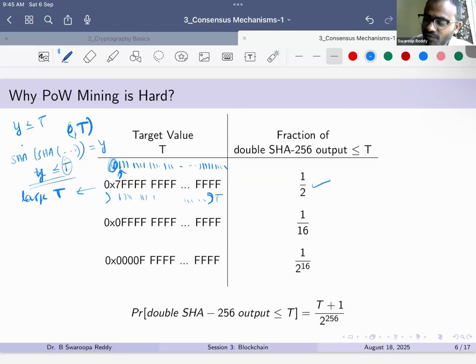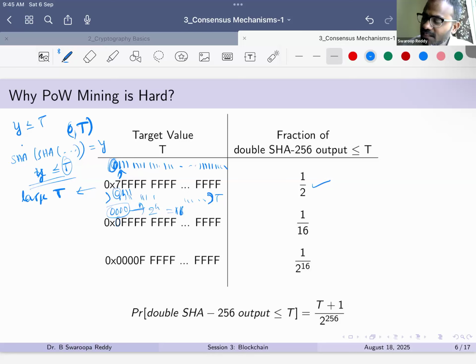For example, if you have four zeros, like 0 0 0 0, where the other case has only one zero, that means you have four bits and 2 to the 4 different possible values. That is 16 values. Among these 16 values, the probability of success depends on them.